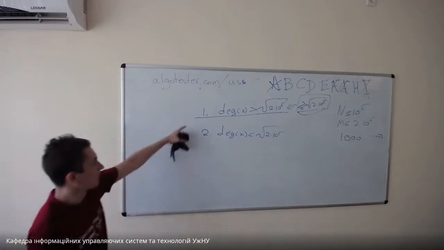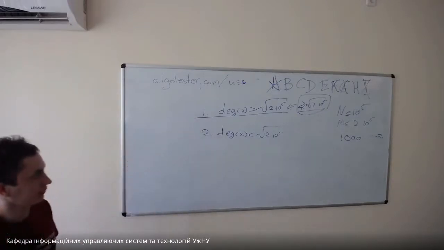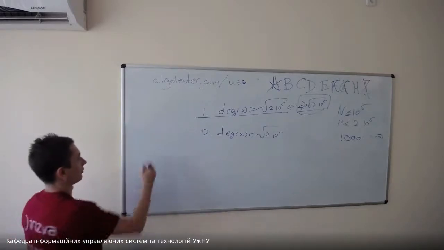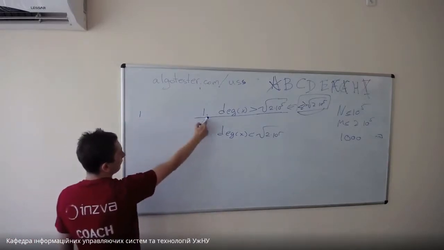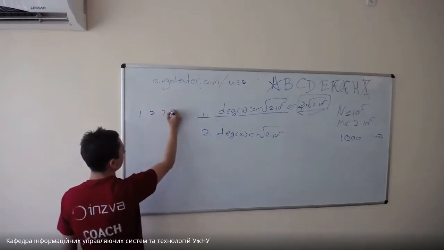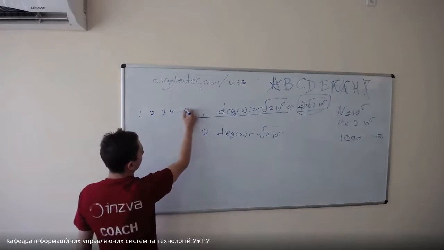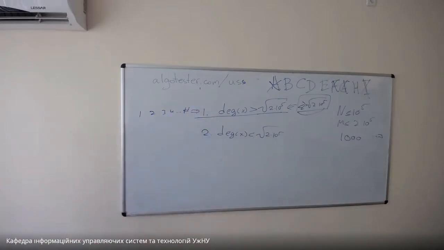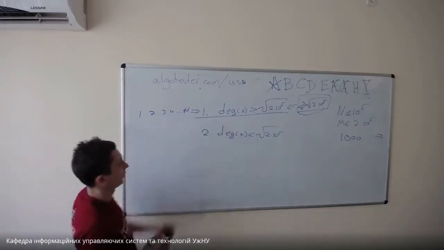And for each vertex from this category, we assign its own unique label. The labels are 1, 2, 3, 4, and so on, up to the number of these vertices. That's the first step. We just assign unique colors to the vertices from the first category.